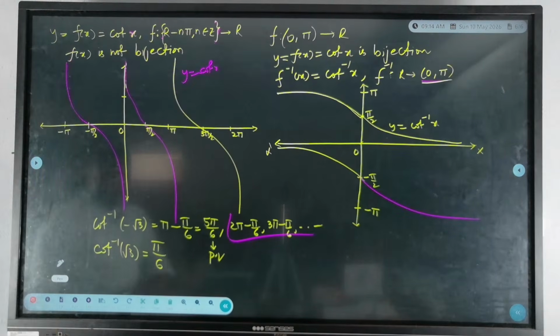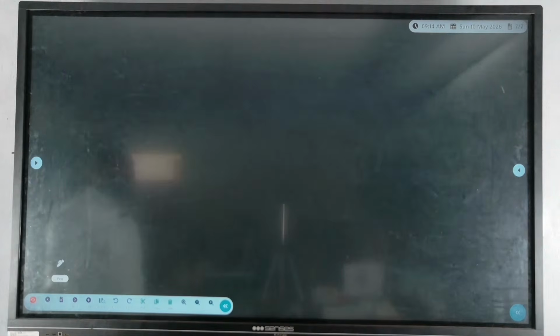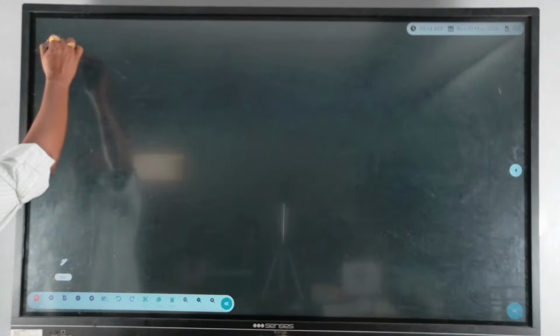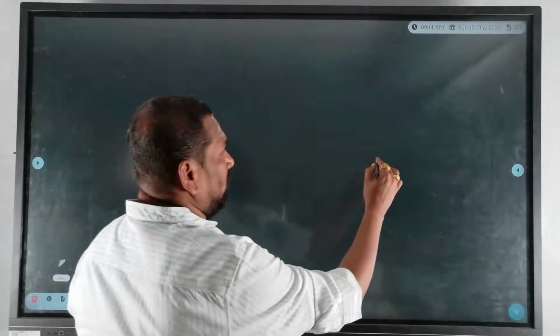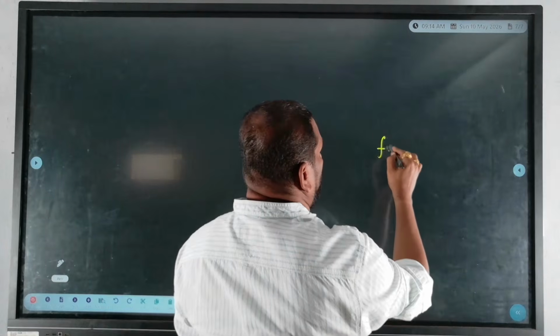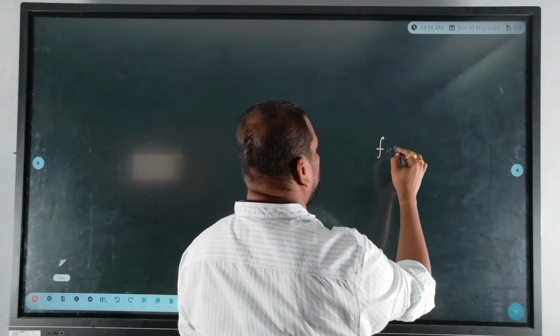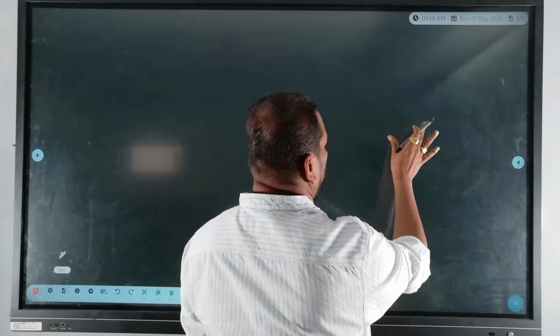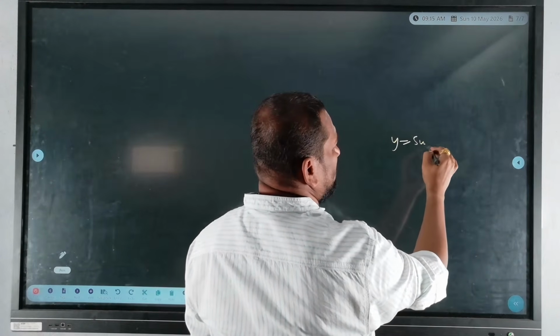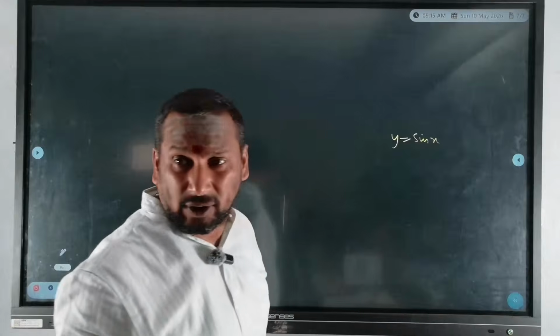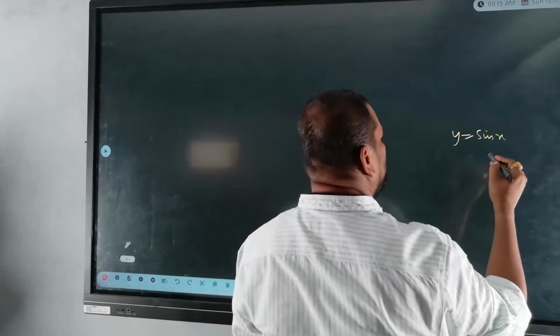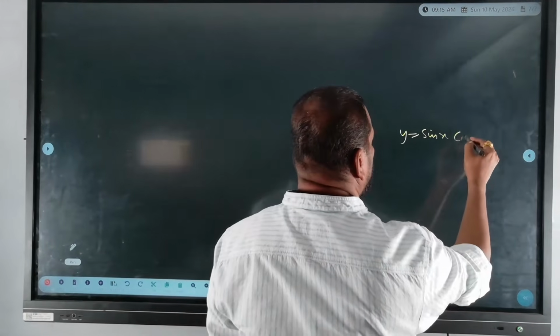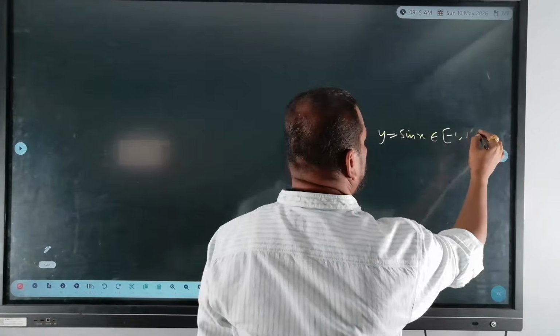See, f maps from... y is equal to sin x. y is equal to sin x belongs to minus 1 to 1.